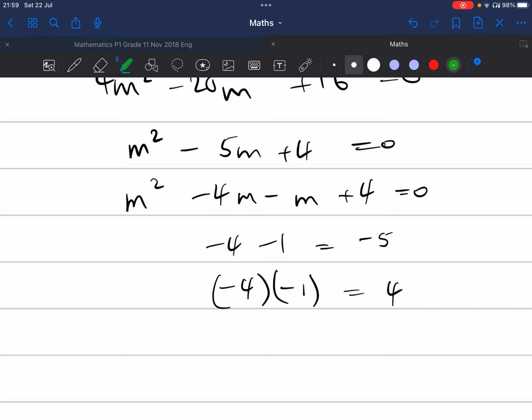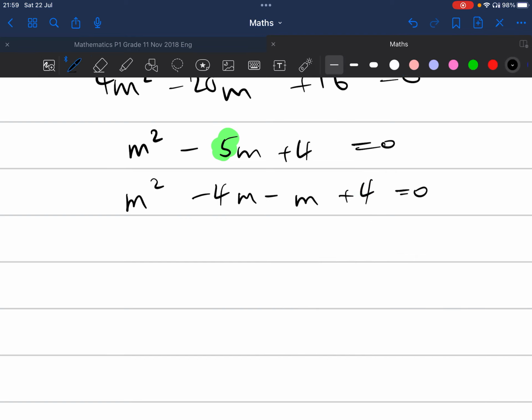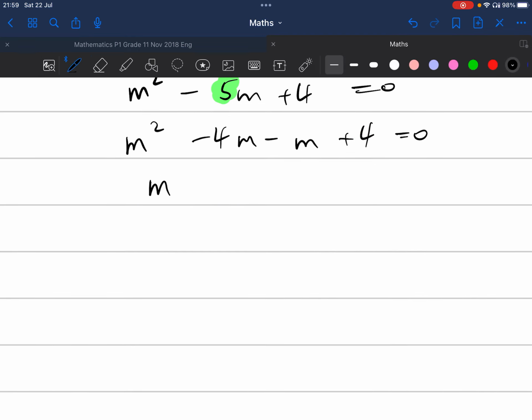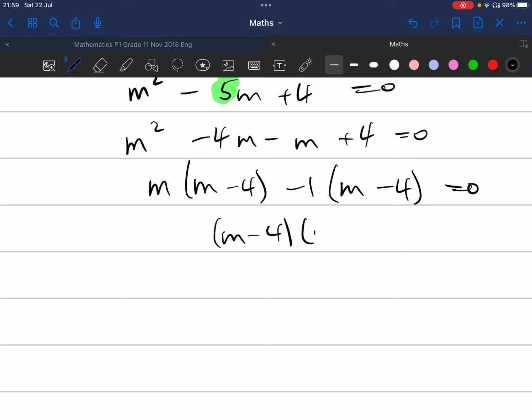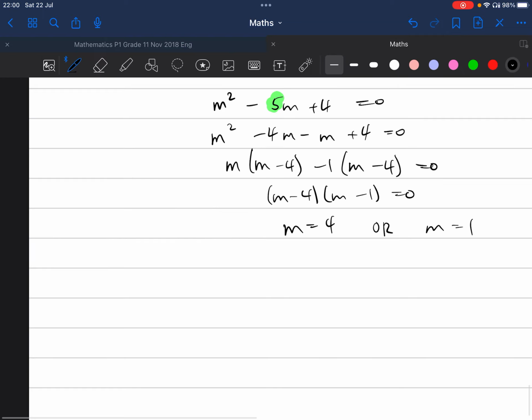So that works because I get minus 5 when I add them and 4 when I multiply them. So now it's just a case of factorizing everything and then taking out the common factor and then equating them both to 0. So m equals 4 or m equals 1.